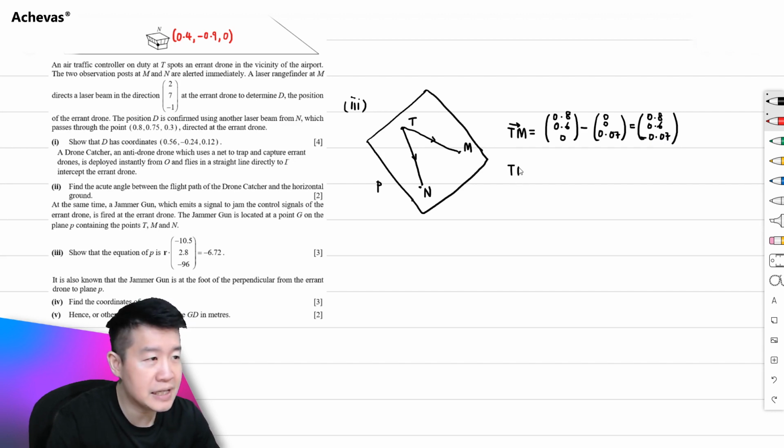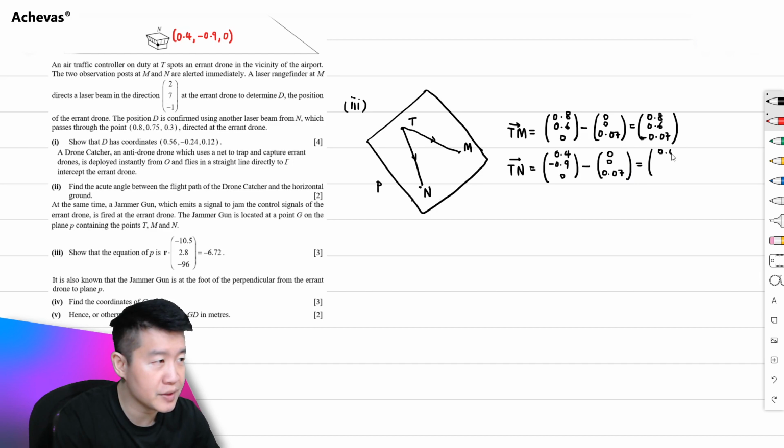I will find TN. TN will be ON, which is equal to (0.4, -0.9, 0) minus away OT, which is (0, 0, 0.07). So this will be (0.4, -0.9, -0.07).